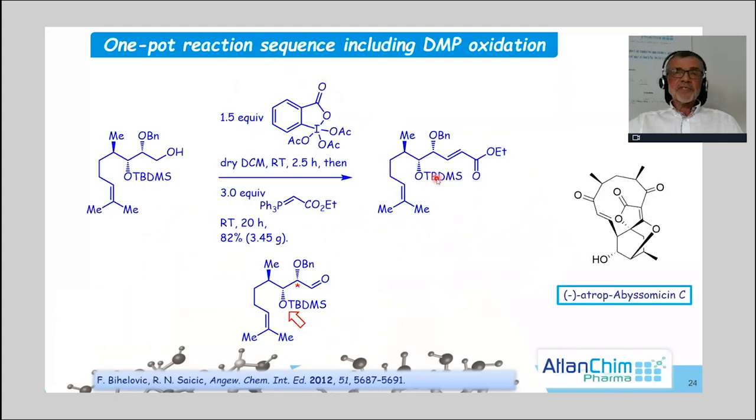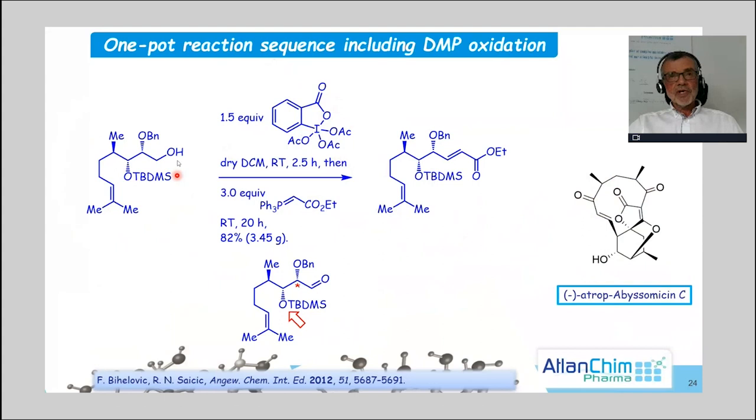So in a similar one-pot sequence, in the early stages of a total synthesis of this natural antibiotic, the order of addition of the reagents here is reversed.